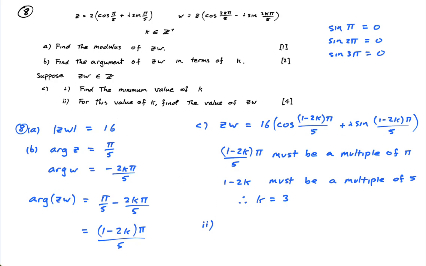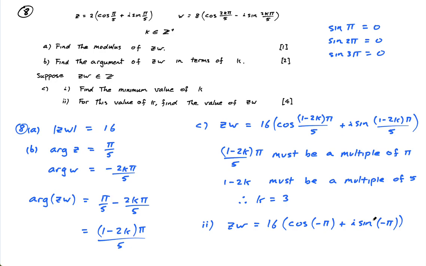It says for this value of k, find the value of zw. So zw then equals 16 cos of, I sub in 3 in here and I get -5, so it's minus pi, cos of minus pi plus i times sine of minus pi.